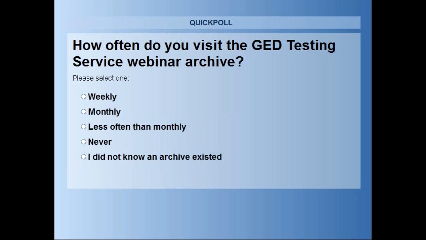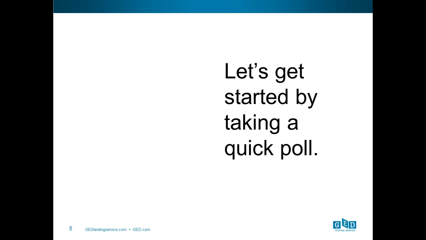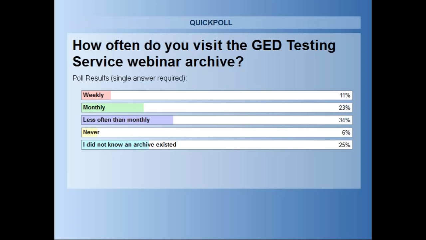So, Susan, are we seeing how often those archives are accessed? Well, actually we are. So I'm going to close the poll. We have about 75% who have voted, and I'm going to share those results. What we're seeing here is that some of you have not ever visited that webinar archive, and we hope this will entice you a little bit to find the materials that are there.